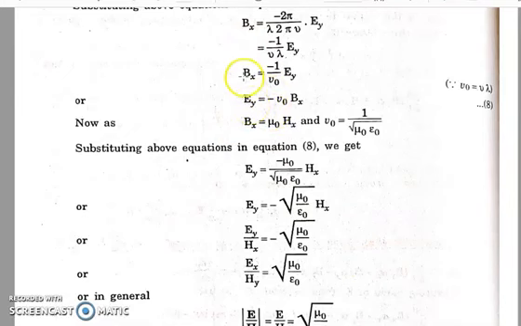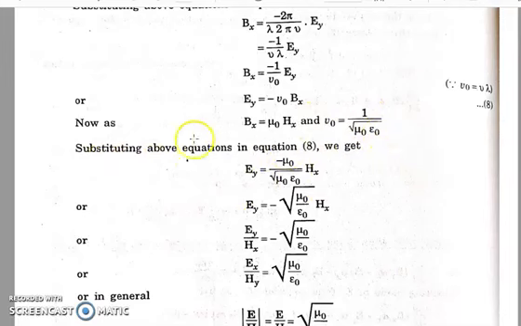Therefore, our Ey is equal to minus mu naught Bx. Also Bx is equal to mu naught Hx. We know the relation B is equal to mu H, and for the x component it can be written as Bx is equal to mu naught Hx, and 1 by square root of mu naught epsilon naught is the speed of light.